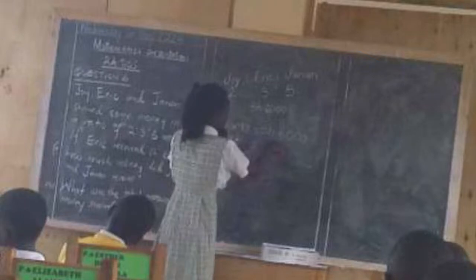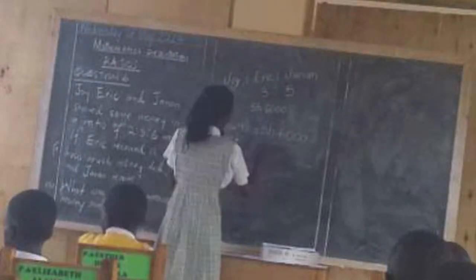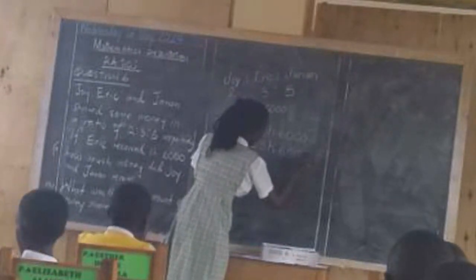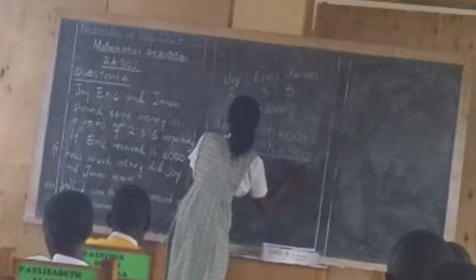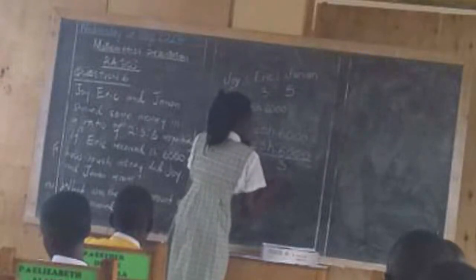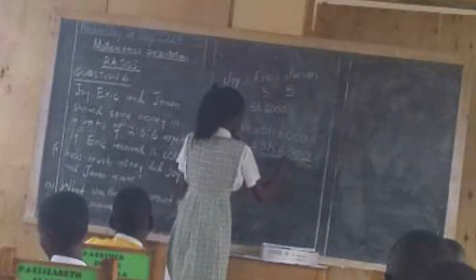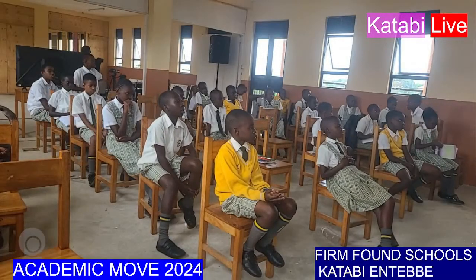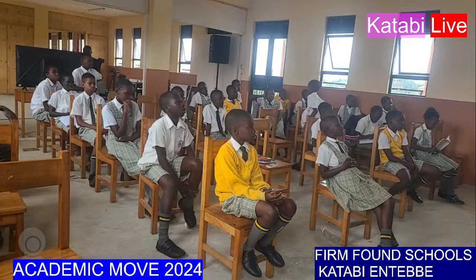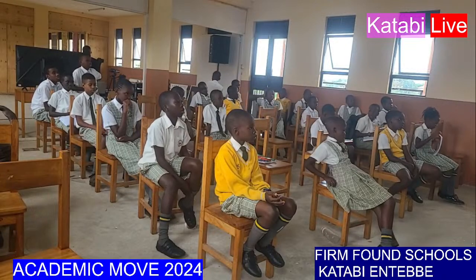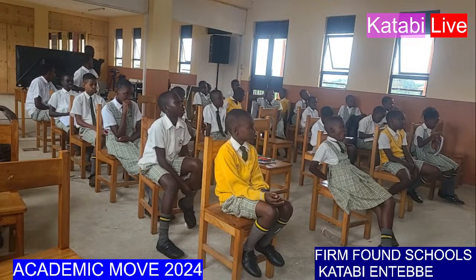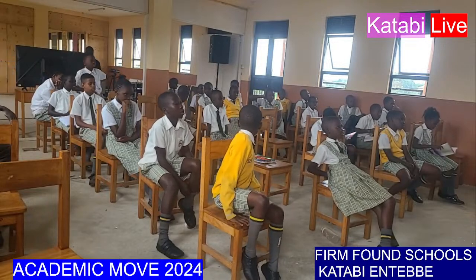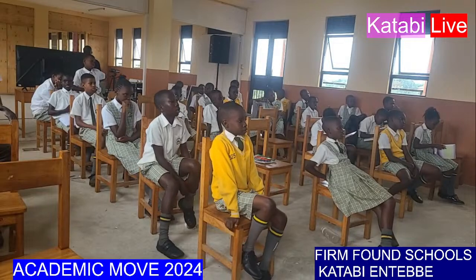We're going to divide by 3 because we want to find 1 part. 6 divided by 3, we get 2,000. So that means 1 part is equal to 2,000 shillings.